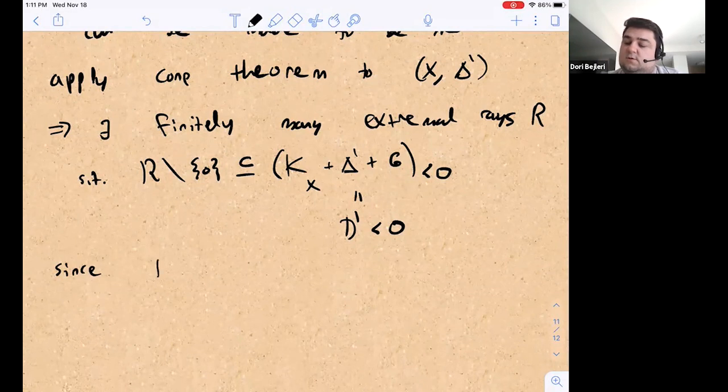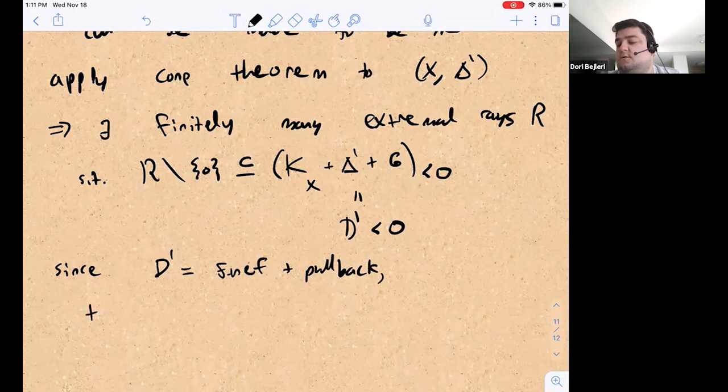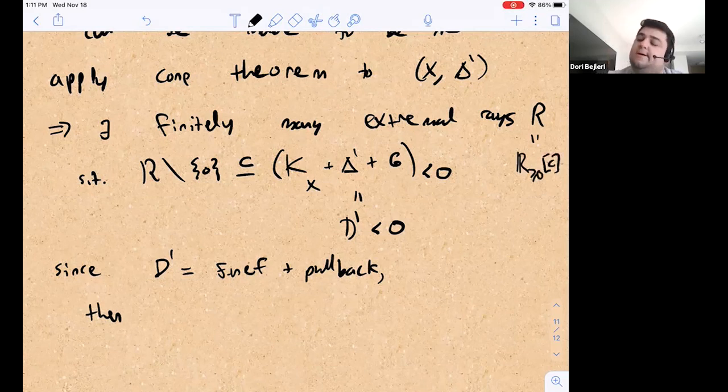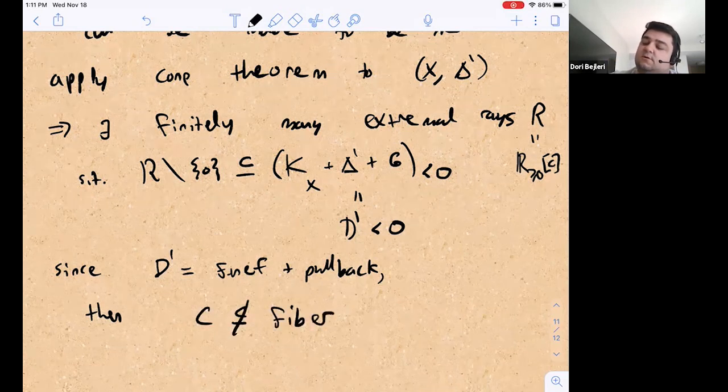So since D prime equals f-nef plus a pullback, if we write these rays as R greater than or equal to C, then these C's are not contained in the fibers because they're where D prime is strictly negative.